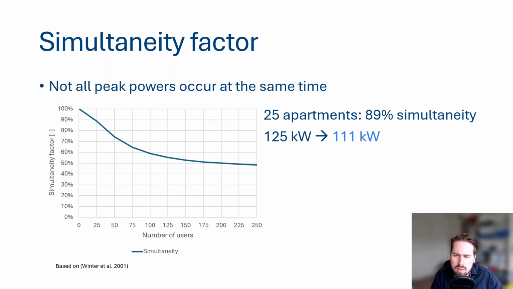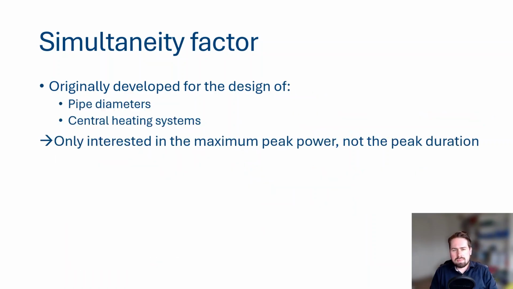Now, this of course is depending on the number of units, etc. But one question that remains is what to do with the peak duration of your system. Now, to give you a little bit more insight in the simultaneity factor, it was originally developed to design pipe diameters.